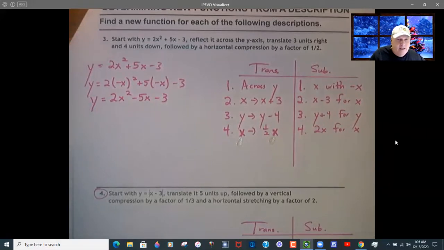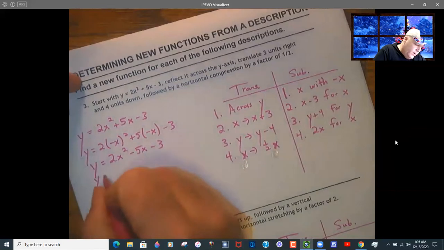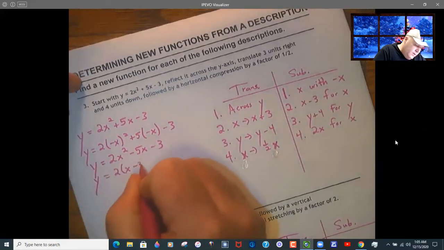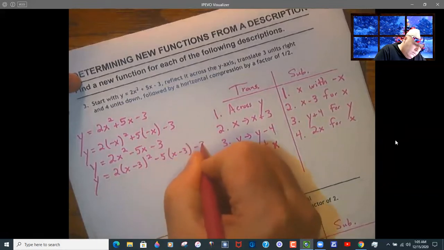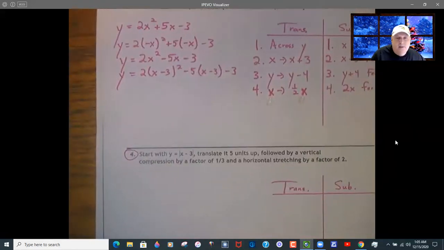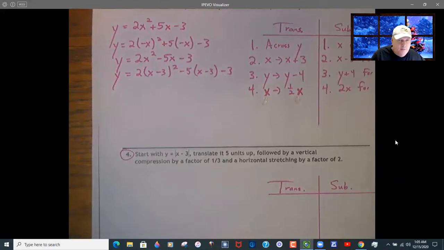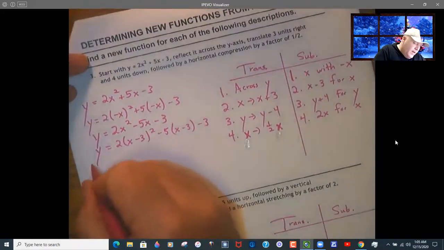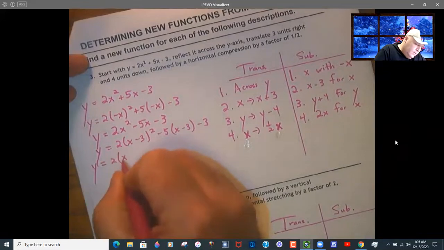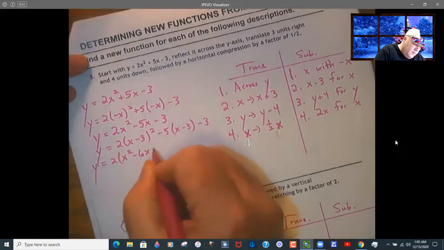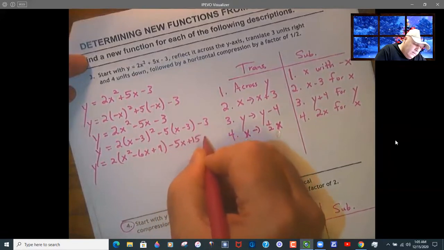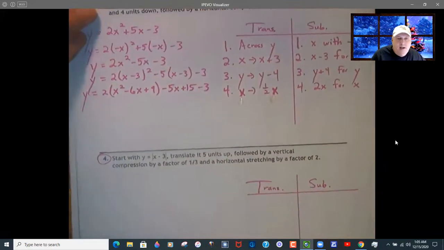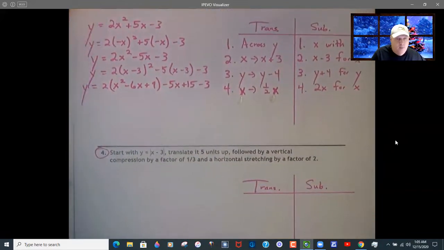And then we have x minus 3 for x. And this is where there's going to be a little bit of work. And indicate that substitution with parentheses. So now you have to FOIL out correctly the x minus 3 and distribute, I'll do that right away here, the negative 5 through, FOIL out the x.